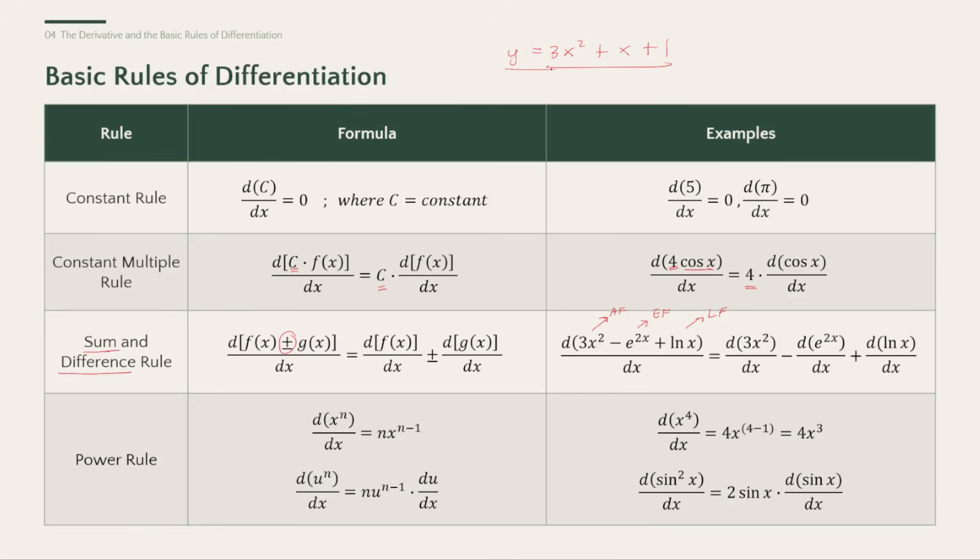This is considered as a single function, but we can use the sum and difference rule here. We can differentiate these terms separately and then add the results. For example, if this is negative, it is also applicable; we can differentiate separately using the sum and difference rule.